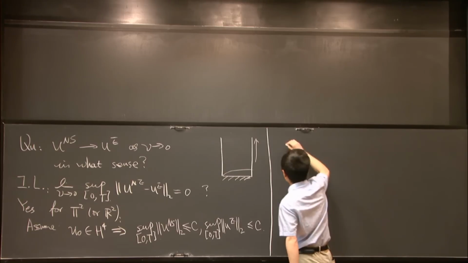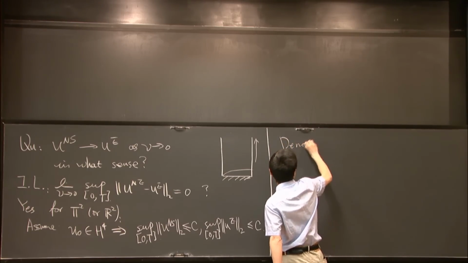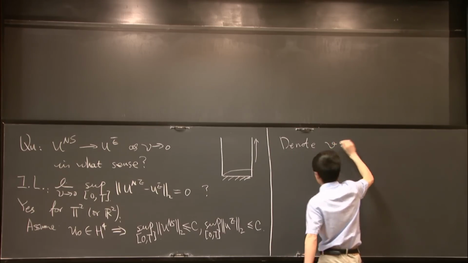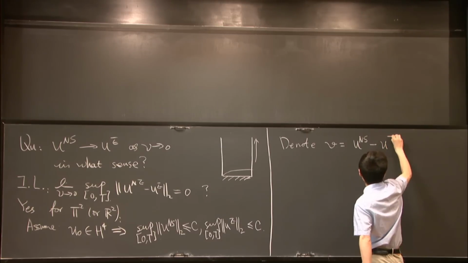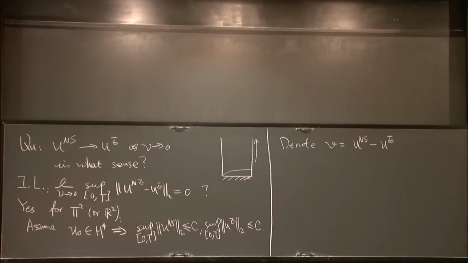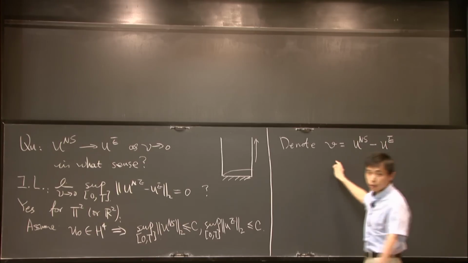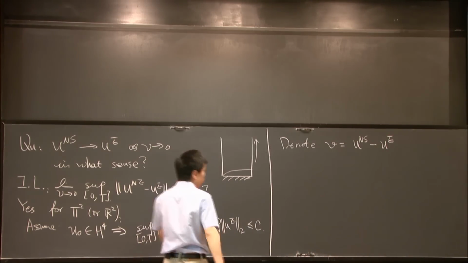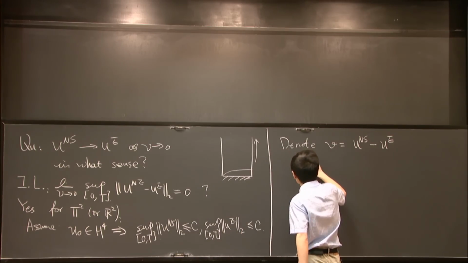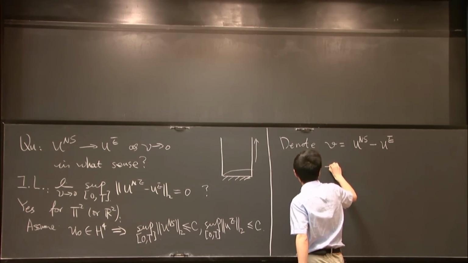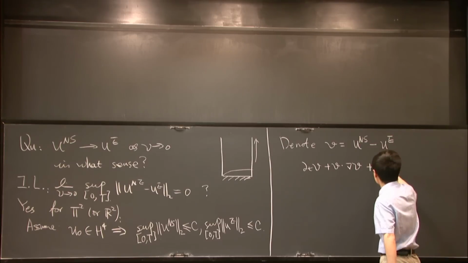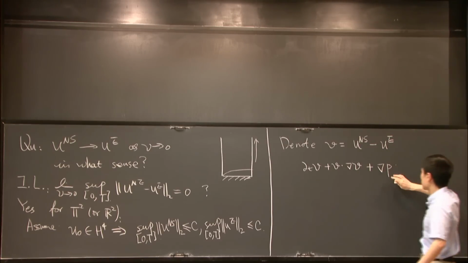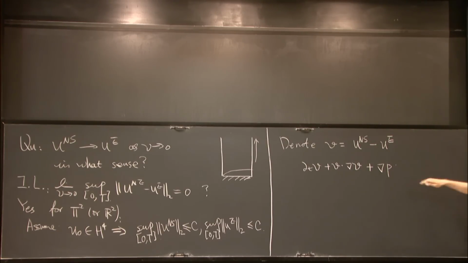Then let's denote V equals the difference of the two solutions, Navier-Stokes minus Euler. It's very easy to get an equation for V: dtV plus V dot grad V plus the pressure, where P is the pressure difference of the two pressures.